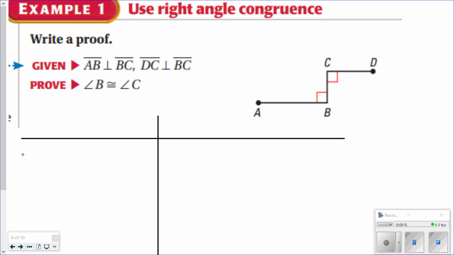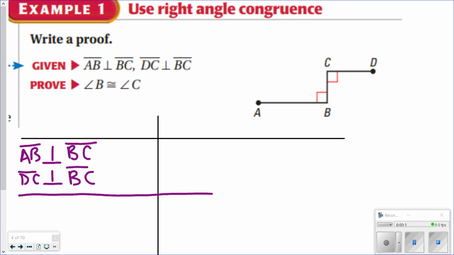So segment AB is perpendicular to BC. And we know that DC is perpendicular to BC. All right, and that reason it was given. First statement in our proof right here.